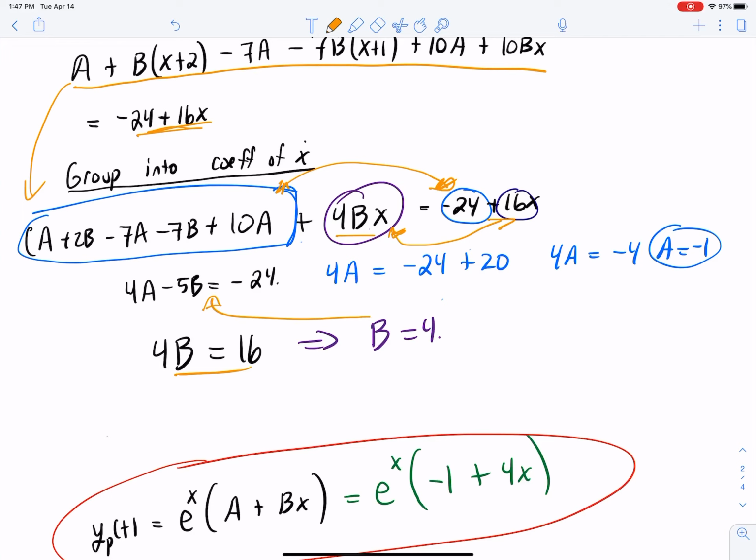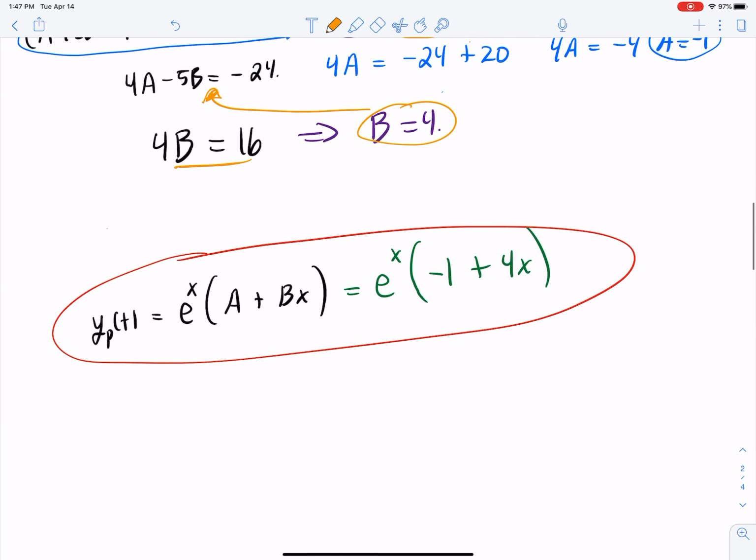I'm going to get 4a, blah, blah, blah. So I can solve that, and I get a equals -1. The proof that this is a solution is in the pudding here, because we were able to solve it, therefore such a solution exists. And the whole idea here is that we just need to find one solution.